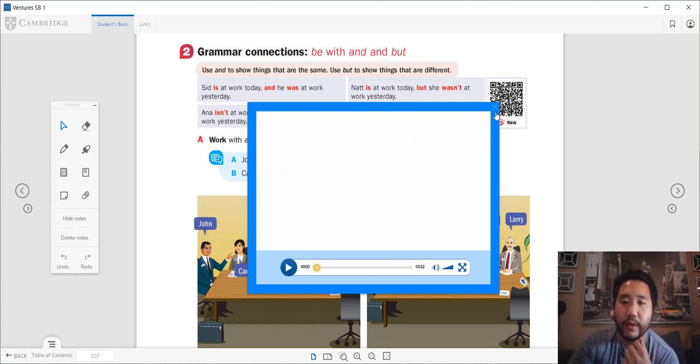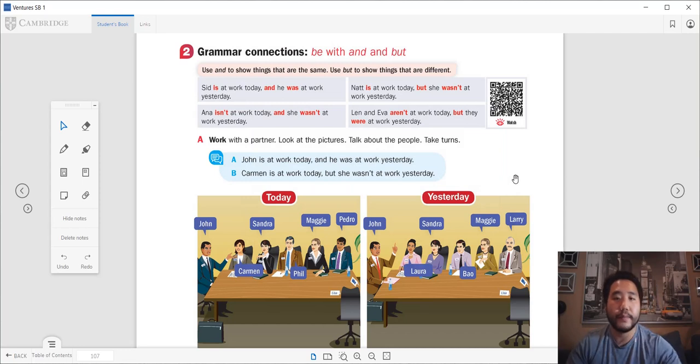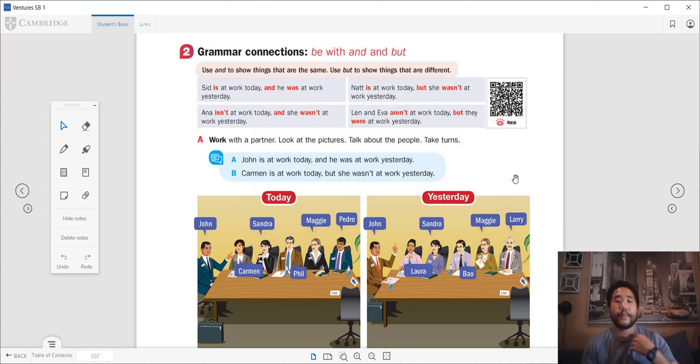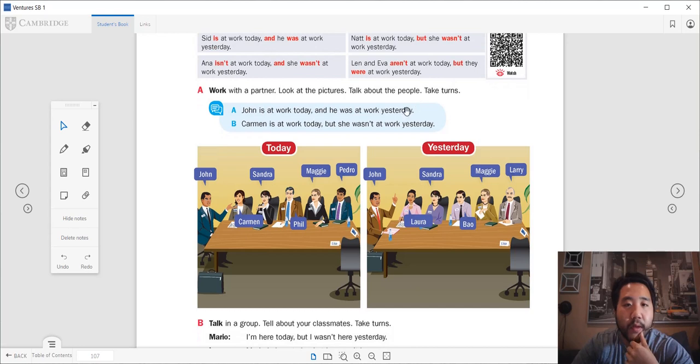Okay, we're done with the video. So now let's take a look at the pictures down here. This is today's picture, and this is yesterday. We're going to compare these two pictures and see what things are the same and what things are different, okay?